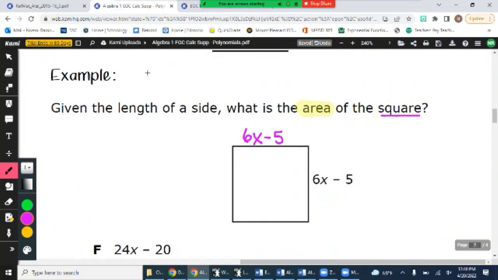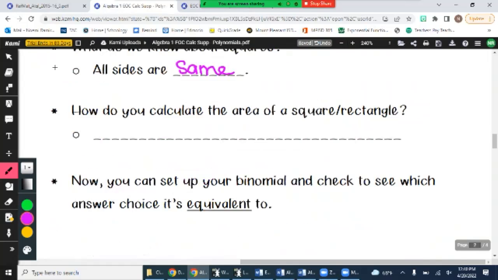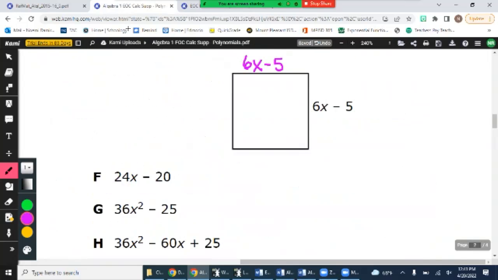And we just said that you calculate the area of a square or a rectangle by multiplying length times width. You multiply. So I know I'm going to multiply this side times this side.